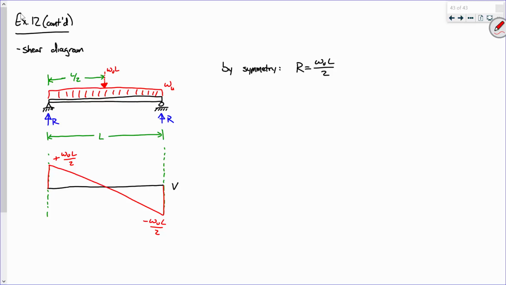Negative slope. What's the y-intercept? WL over 2. We could take a wild guess as to what the equation is, but let's use a little bit of statics. Let's samurai sword or lightsaber or cake cutter right through this point right here. So when you've got that, what do you have?